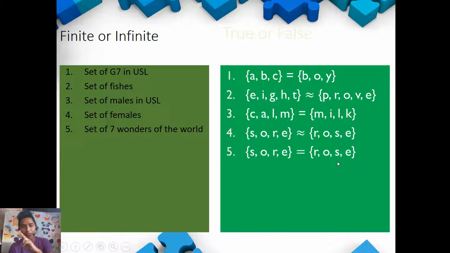For it to be equal set, we have 2 conditions. They should have the same number of elements. Let's count 1, 2, 3, 4 on the first set, and then the second set 1, 2, 3, 4. So it meets the first condition. How about the second condition? They should have the same elements. Let's see. S, we have S also there. O, we have O also. R, we have also R. And then E, we have also E on the last set. Therefore, they are equal. I hope you understand the different kinds of set.